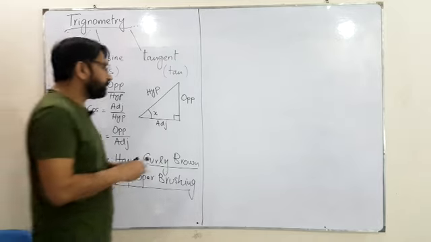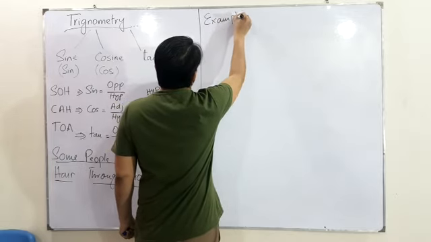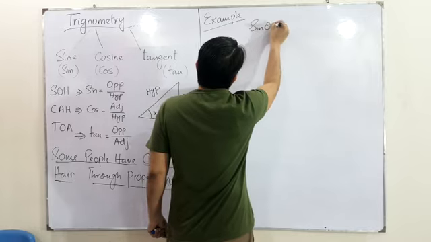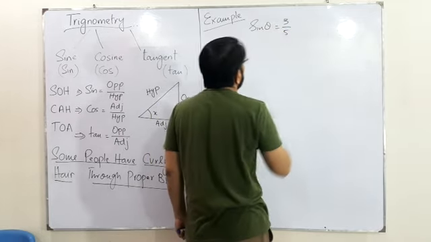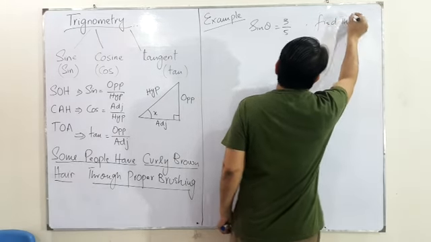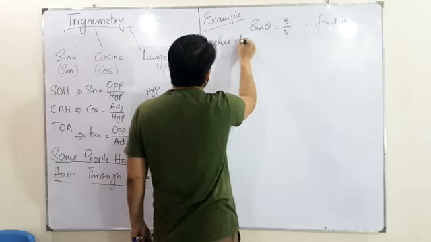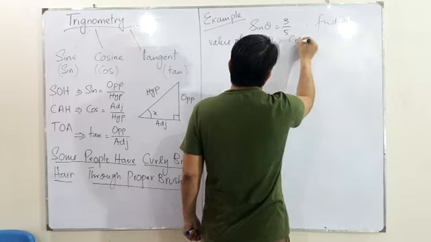For example, if we take an example that sin theta is equal to 3 over 5, find the value of tan theta and cos theta.